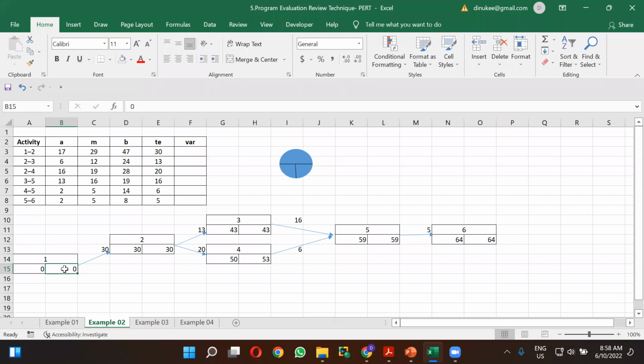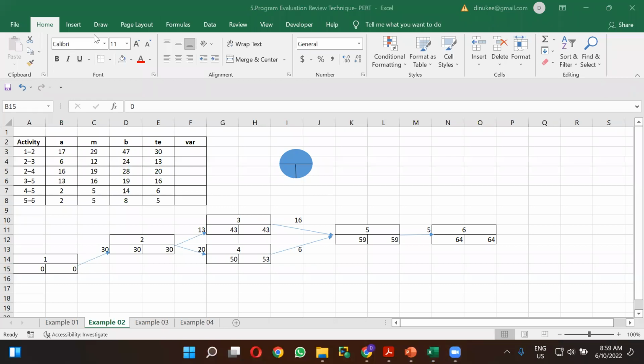So this is the way that you have to develop this project network and calculate the backward pass and forward pass calculation, right? So then after we can find what? So as the next step, we can find what? Now, right, very good.